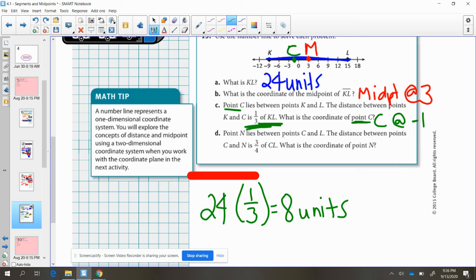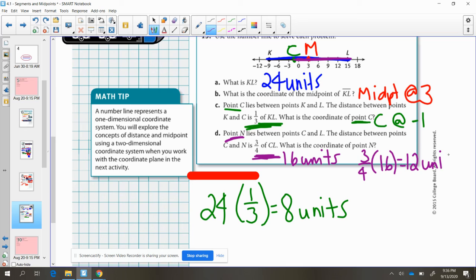And then last but not least, we have point N, which is 3/4 of the length from C to L. Notice from C to L, we would have to move from -1 to 15, which is 16 units. 3/4 of 16 units is 12 units.